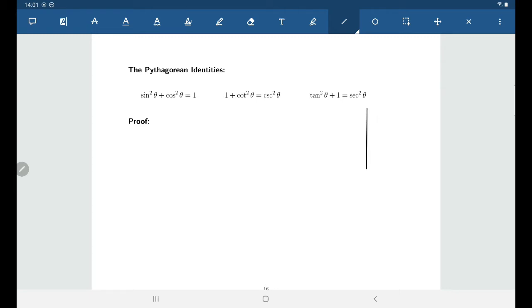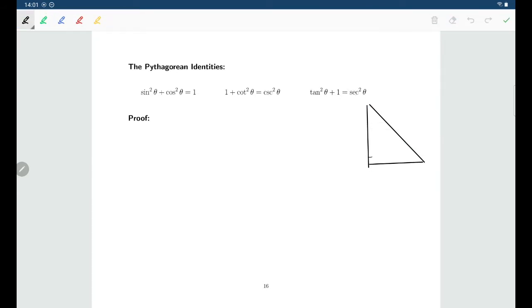So if we're thinking about our right triangle that we have, and I'm going to have this as part of my proof here, I'm drawing myself a nice little right triangle. And for this right triangle, we would have the angle theta that I'll put in it, which means that this side would be the opposite side, and this side would be the adjacent side, and this side would be the hypotenuse.